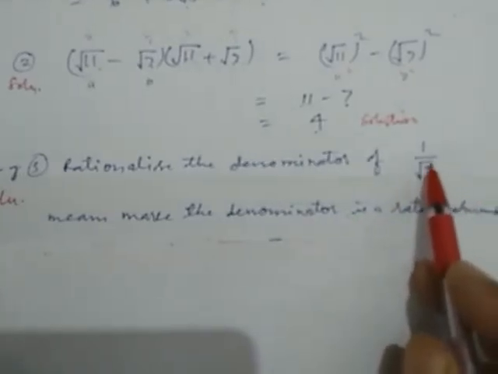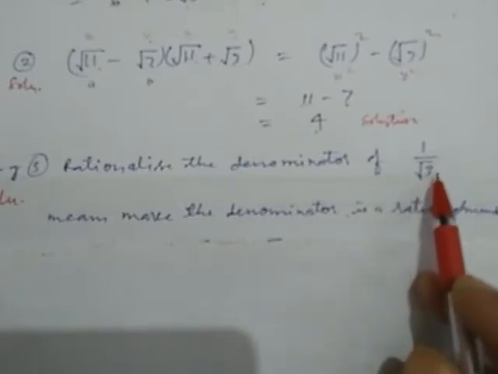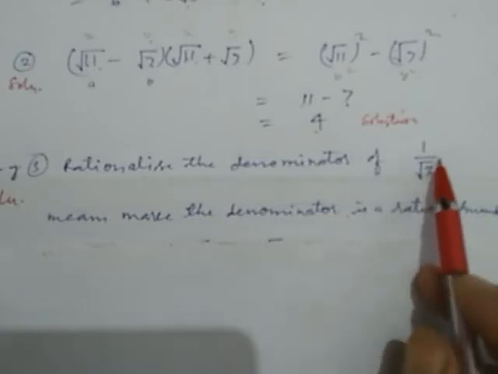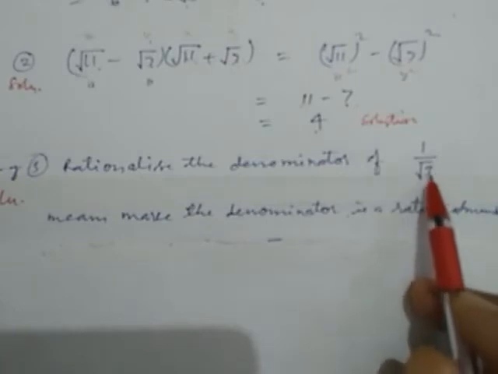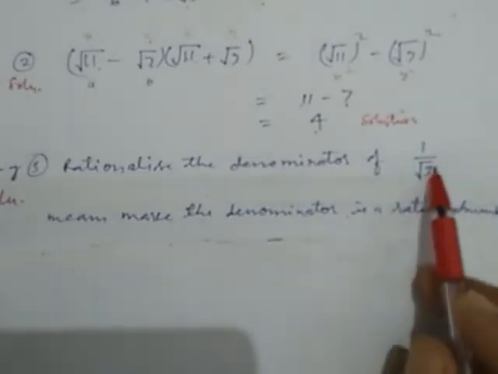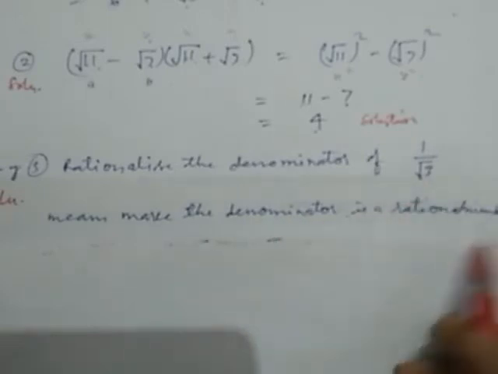Here, the root of any number which is not a perfect square, here 3 is not a perfect square, so the root of a number which is not a perfect square is always an irrational number. So first we want to convert this to a rational number by rationalizing it. That is, we convert the denominator to a rational number. How do we convert? Check.